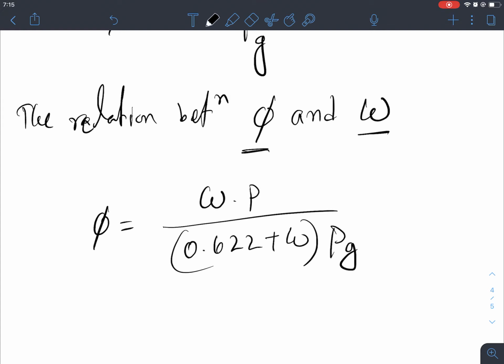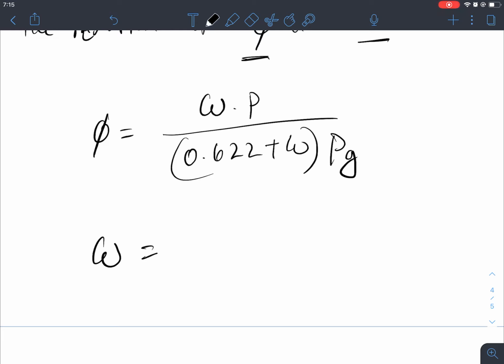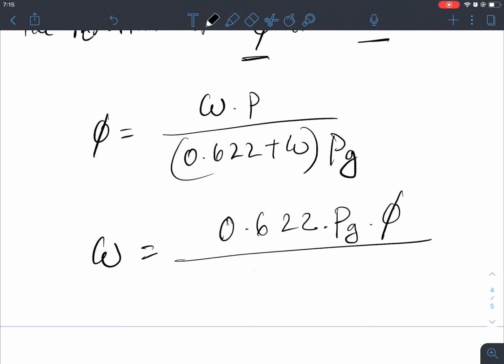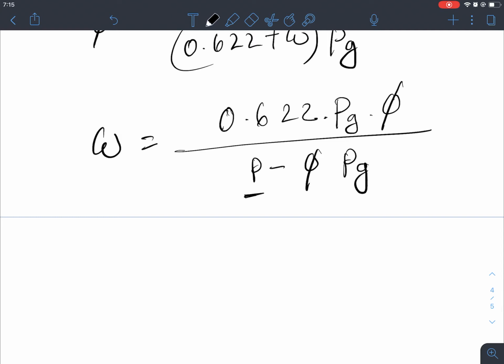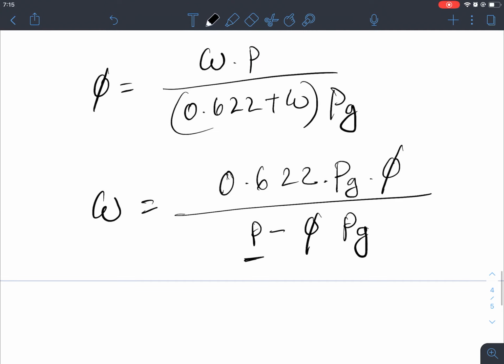So we will use this relationship for the math problem, and omega will be 0.622 times Pg times phi, divided by P minus phi Pg. Here P is the atmospheric pressure, which is the summation of the air pressure and the moisture pressure, or the vapor pressure. Okay, so we will use this relationship for the math problem, right?